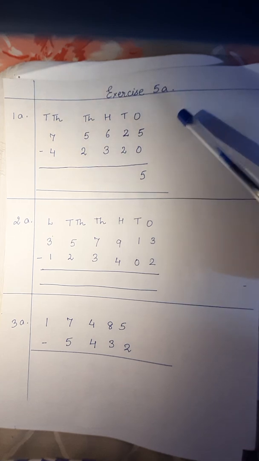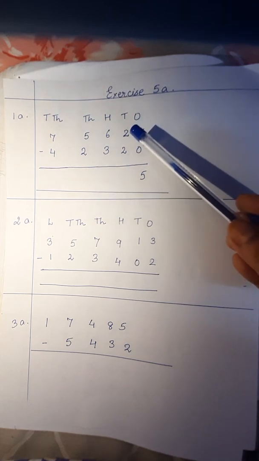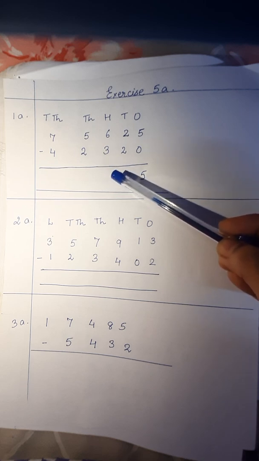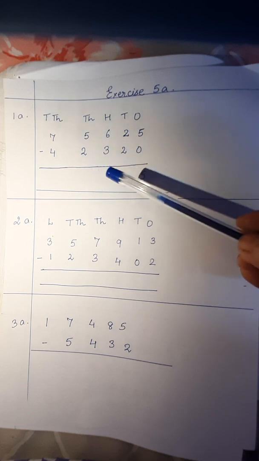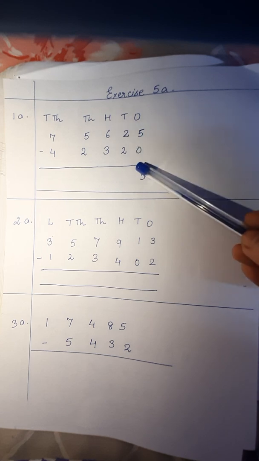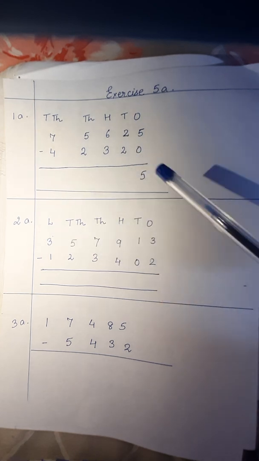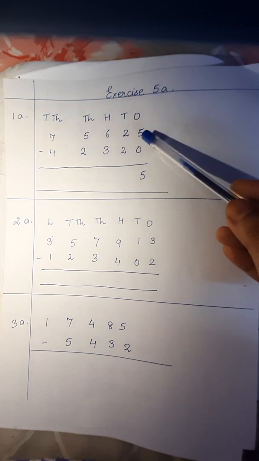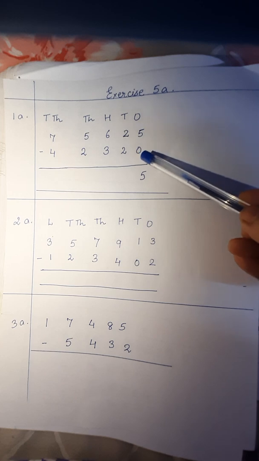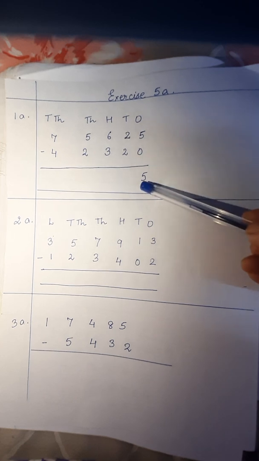As you can see in this question, the numbers are arranged in column form. So how will we subtract? We have to begin from ones. Here we have digits 5 and 0. When we subtract 0 from any number, we get the same number.